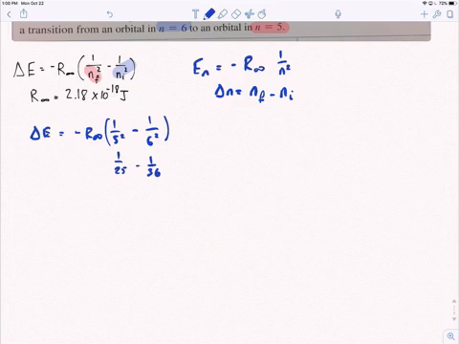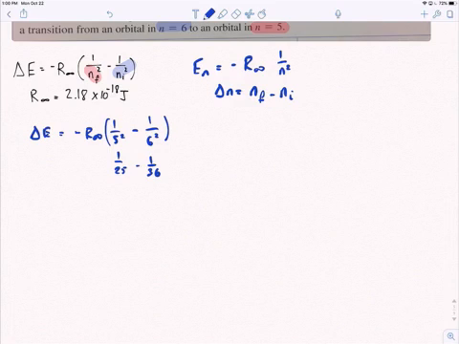But let's look at the numbers. So 1 over 25 minus 1 over 36. Is this a positive number or a negative number? This is the kind of stuff they ask you on the GRE math, by the way. You have to be able to do this kind of reasoning. So what do you think?